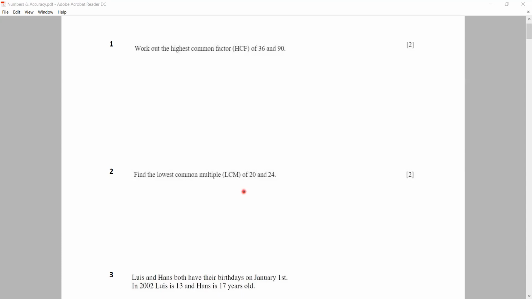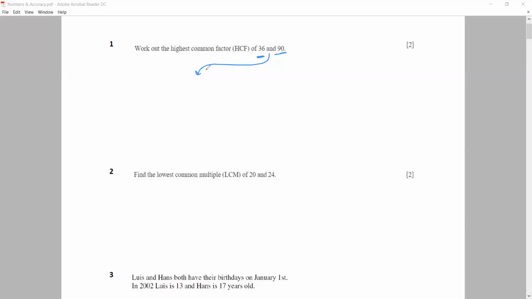Without any further ado, let's start with the first question. You're given two numbers, 36 and 90, and you're asked to find the highest common factor of these two numbers. As I told you before in previous videos, there are two ways you can solve this question, and I suggest you stick to whichever method you're comfortable with.